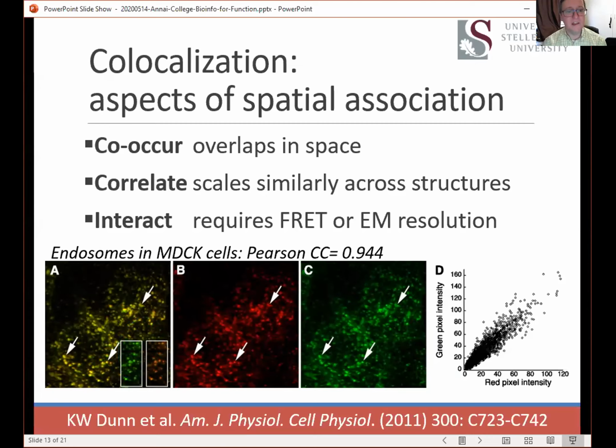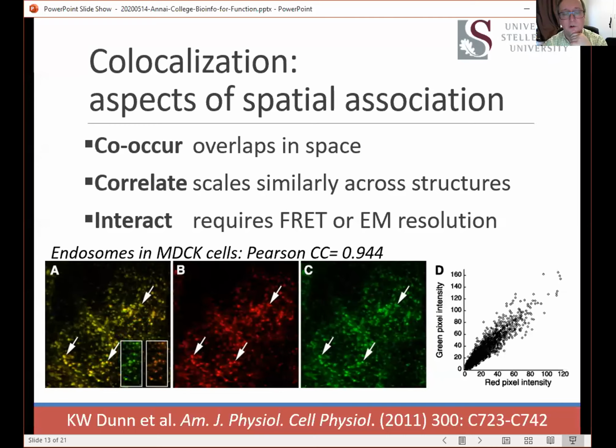Now, to say that things co-occur, or to say that they correlate, is not the same thing as saying that gene A interacts with gene B directly. For that, you really need to have much more tightly linked information about their co-occurrence. You need to meet a higher criterion than to say that they're correlated.